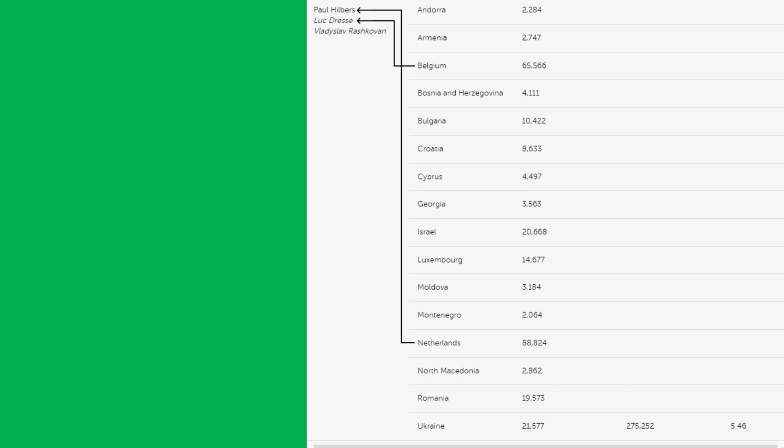This is another bloc representing 5.46%. It contains a lot of countries that are kind of maybe Eastern Europe, so Cyprus, Croatia, Bulgaria, Romania, so maybe former Soviet or Soviet bloc countries like Romania and Ukraine.